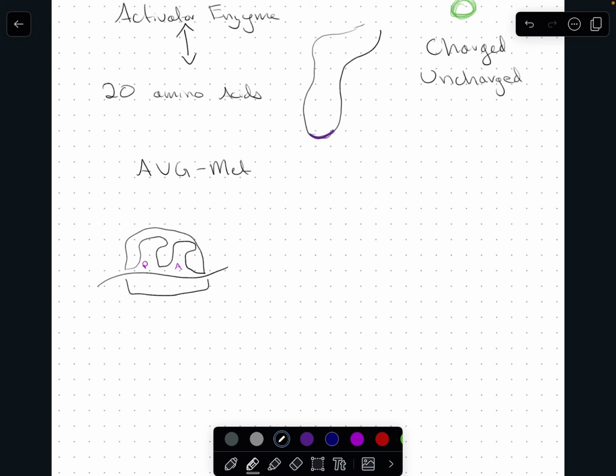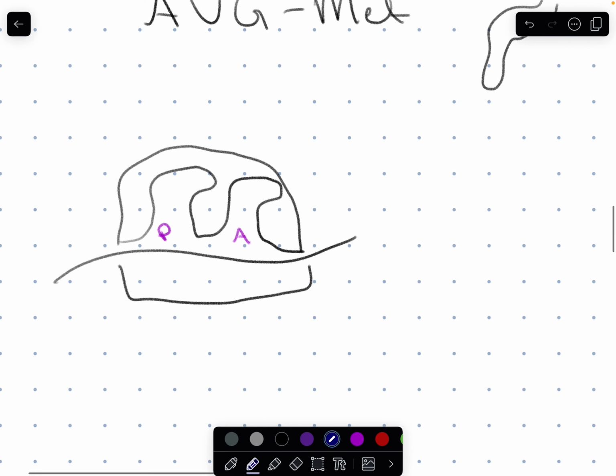So we have our little tRNA here, and we have our little RNA here. So our mRNA is going to have AUG on there.